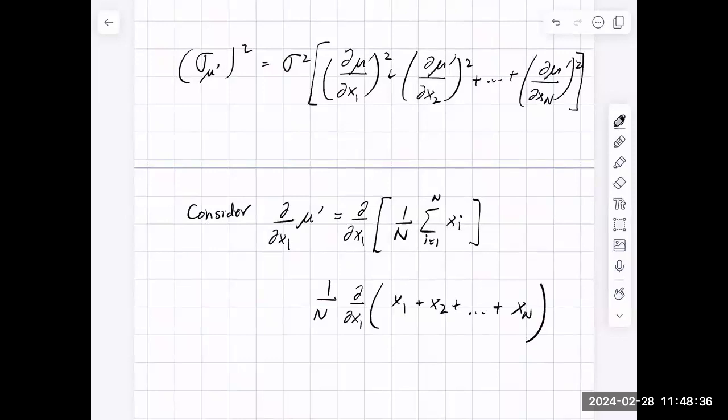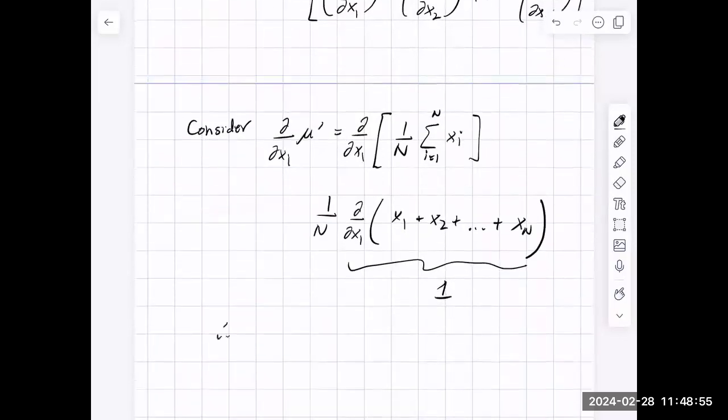So what is the derivative of everything in this bracket? Does x2 depend on x1? So what's the derivative of that term? 0. All of these are going to be 0. What's this one? It's just going to be a 1. Okay. So this will just be a 1. And so therefore, this d mu prime dx1 is just equal to 1 times 1 over n.